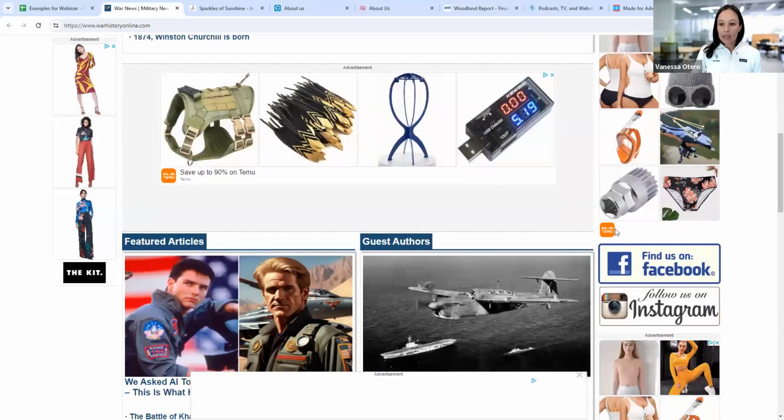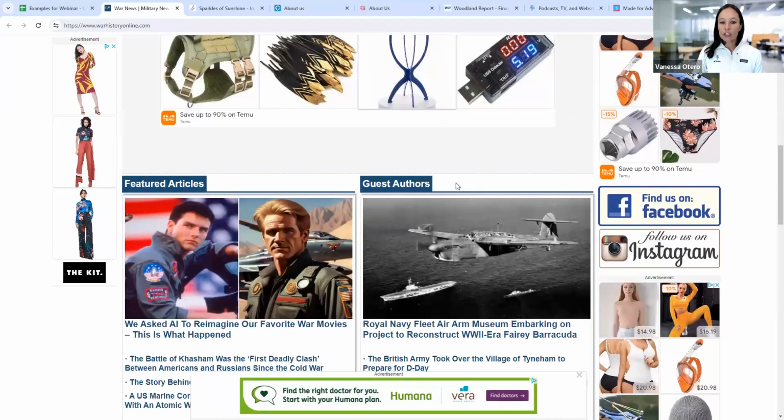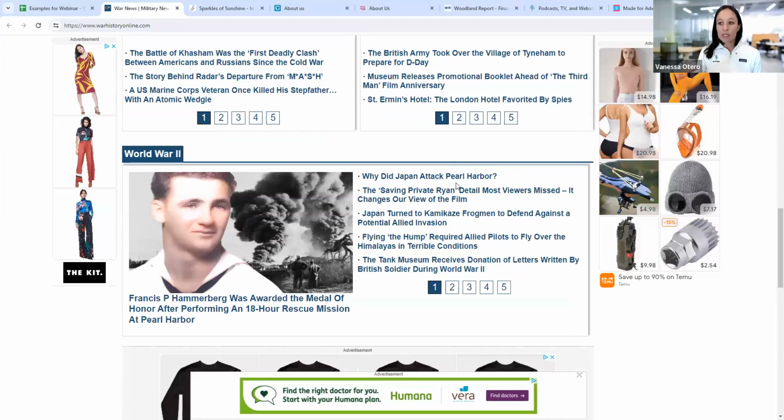And again, it does have a lot of intrusive ads here, a little too many. But if you go into its about section, it looks like it was created originally organically. Borderline MFA, we want to advertise here.